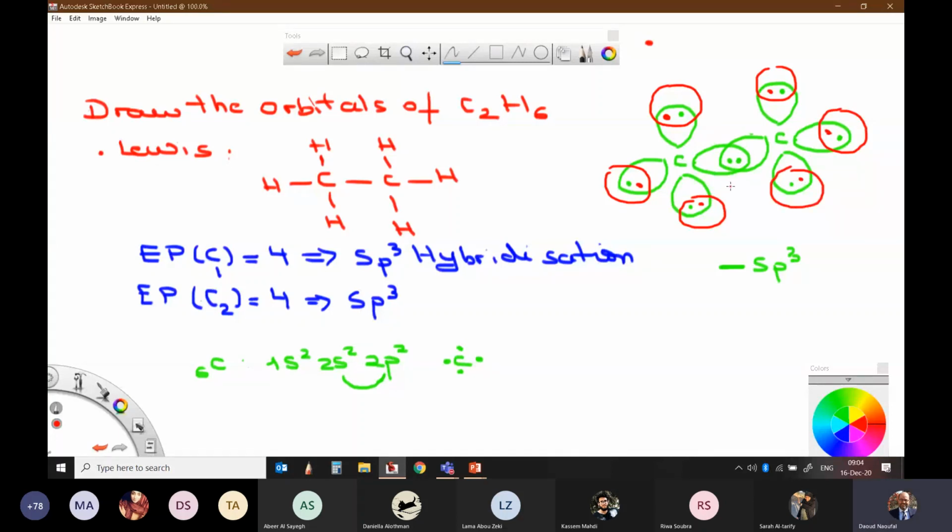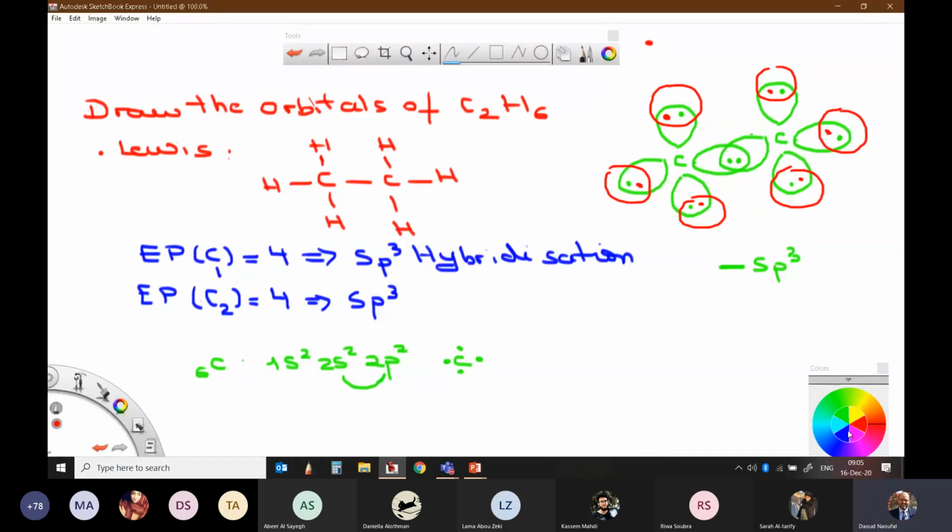So now count the electrons around each carbon. 2, 4, 6, 8. It has the octet. 2, 4, 6, 8. So the 2 carbons follow the octet rule.